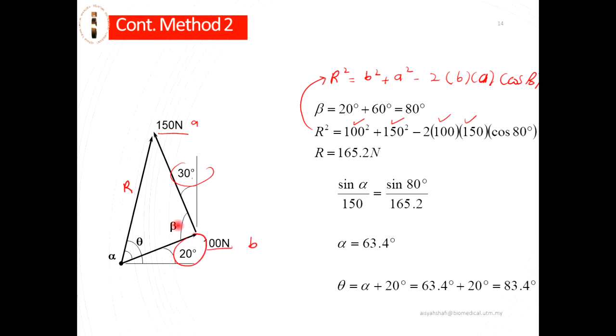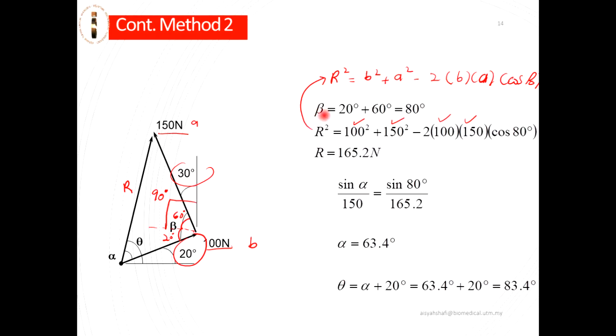So based on trigonometry, this is 20, and this one is 90. So 90 minus 30 is equal to 60. So you get here 20 plus 60.